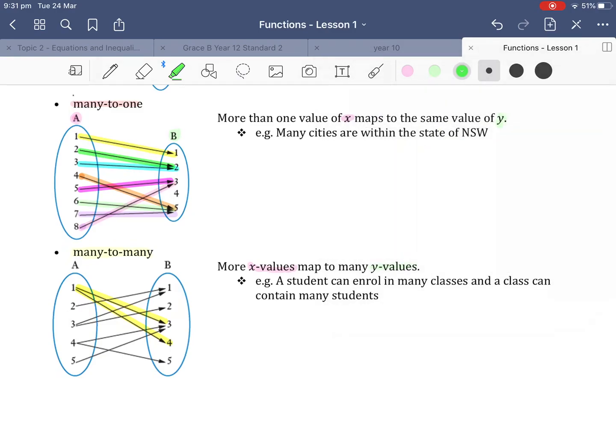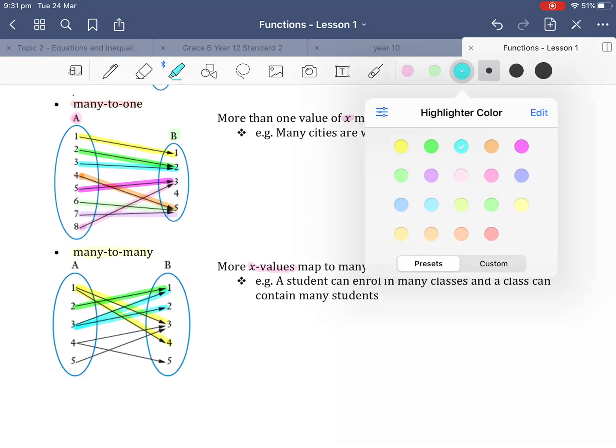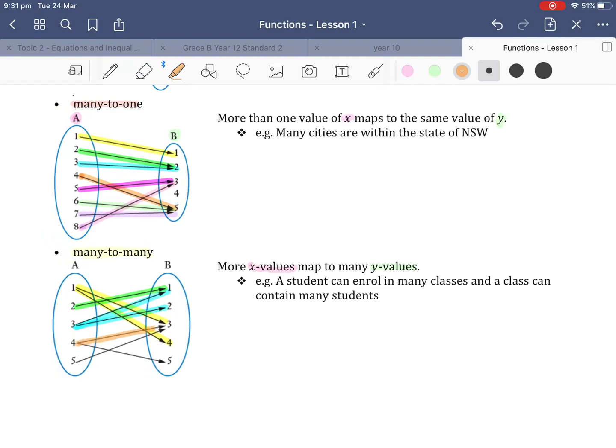So 1 maps to 3 and 4. We have that 2 maps to 1. We have that 3 maps to 1 and to 2. We have that 4 maps to 3 and to 5. And we have that 5 maps to 3.